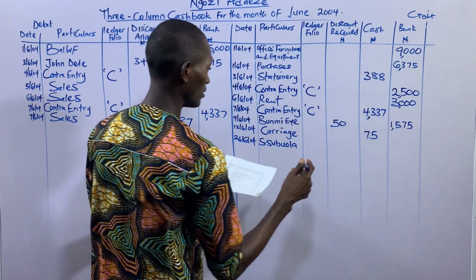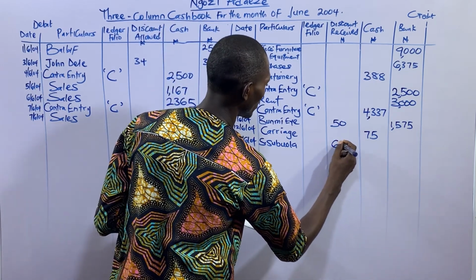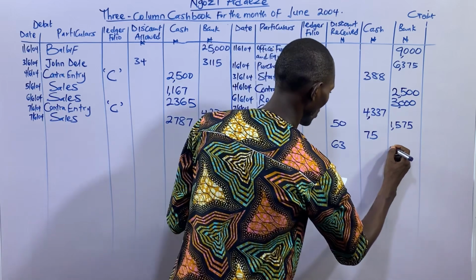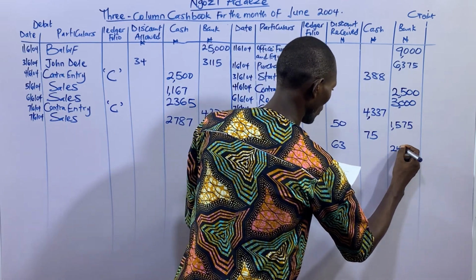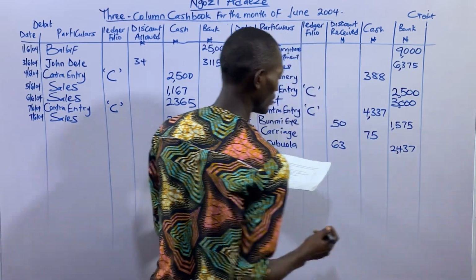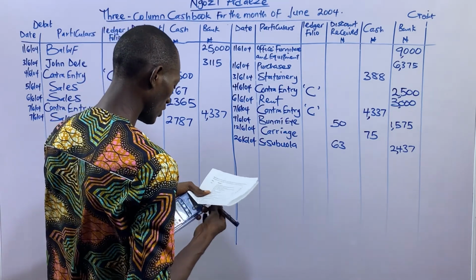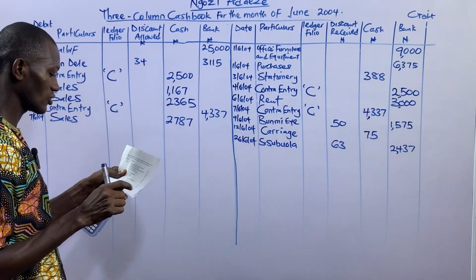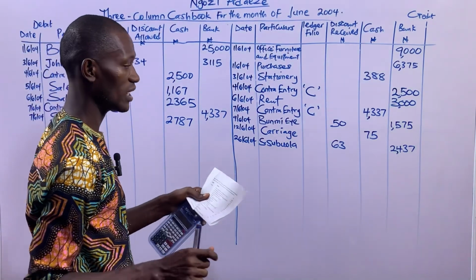And since it is by check, the discount is 63, and the amount actually paid, which is by check, is 2,437.